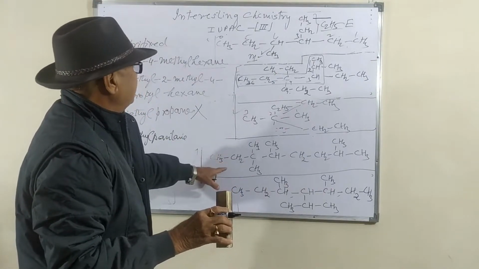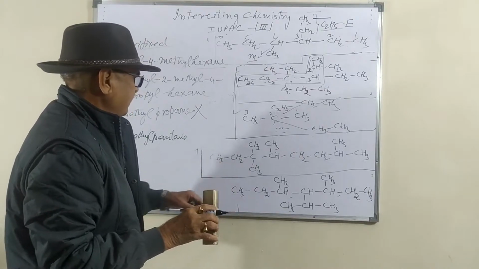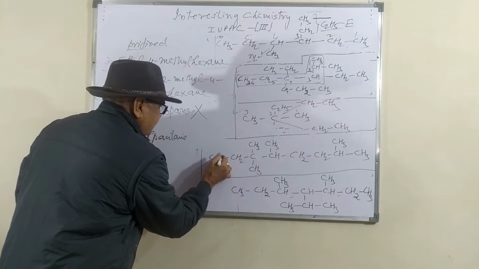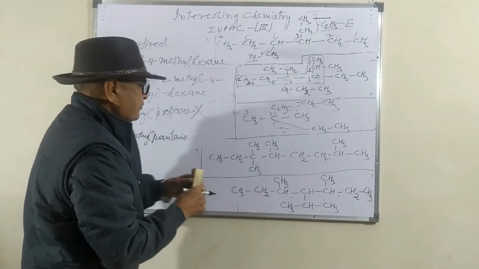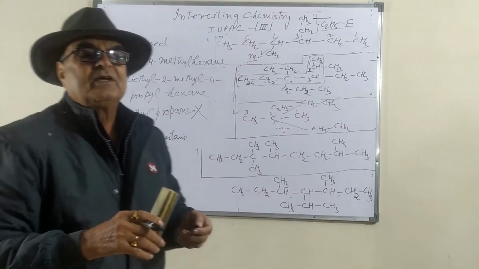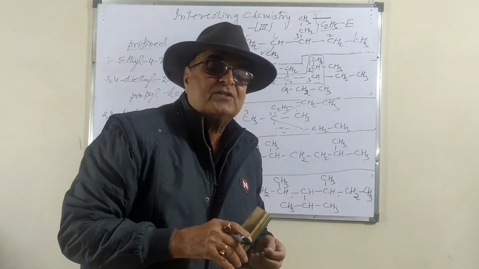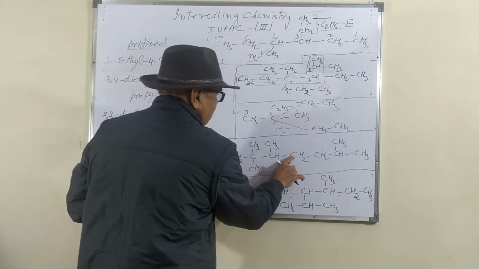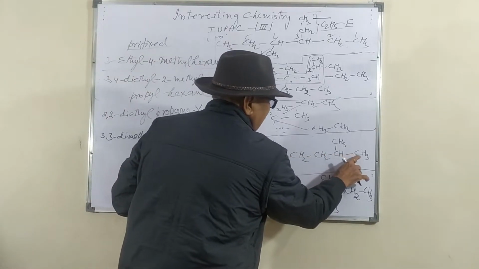Now come to the fourth one. How will you select the name of this structure? First select the longest chain. Here 1, 2, 3, 4, 5, 6, 7, 8.